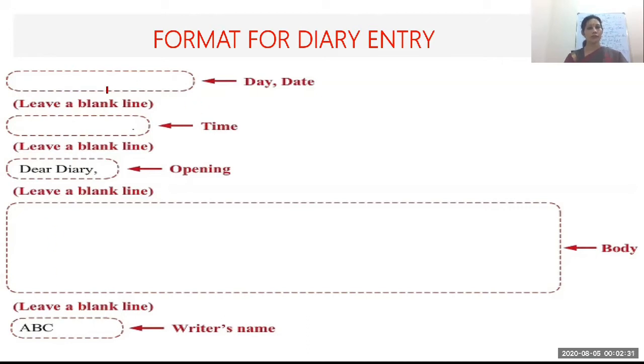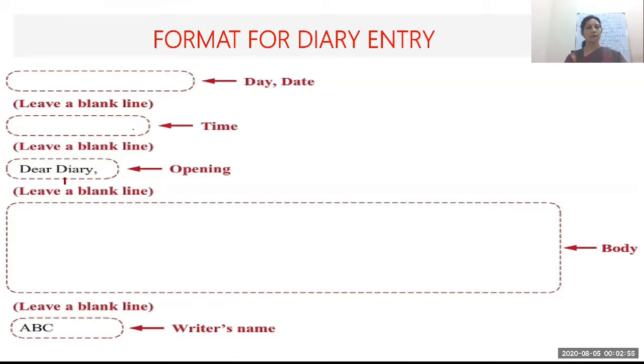First, you should write the day, date. Then you can leave one line and mention the time. Time you should mention as night time, always at PM. Because we write the diary at the end of the day, whatever happened during the course of the day. So you will mention all the events in chronological order at night before going to bed.